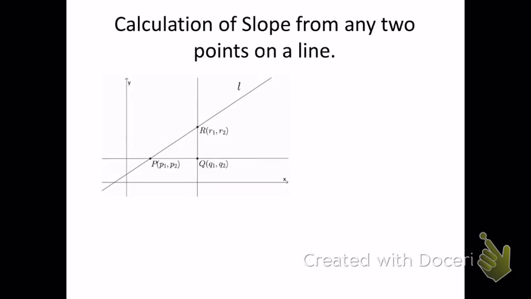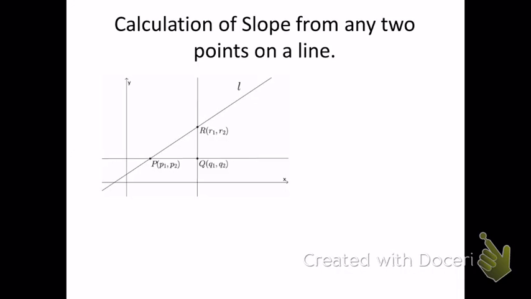Okay, so let's go back to a general case. So here, instead of numbers, I've got R1 and R2 are the X and Y coordinates of point R, and P1 and P2 are the X and Y coordinates of point P. And I have this on the coordinate grid, and I am going to create a formula here.